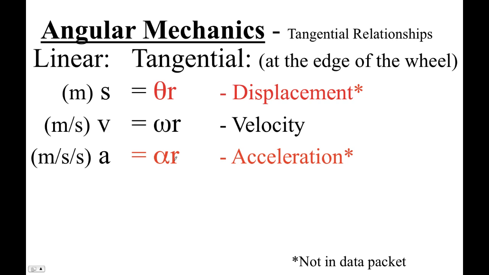And then the distance along the edge is the angle times the radius. So all you do is take the angular quantity, multiply by the radius, and you have the linear quantity at the edge.